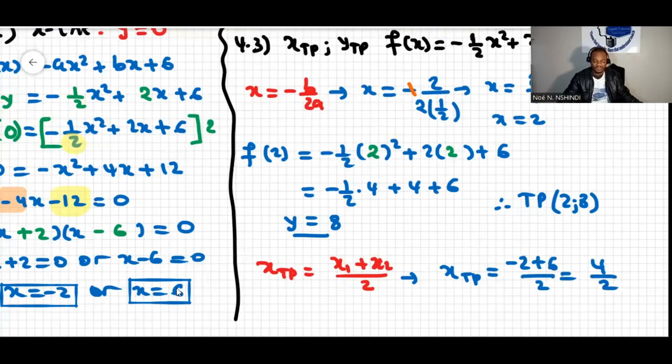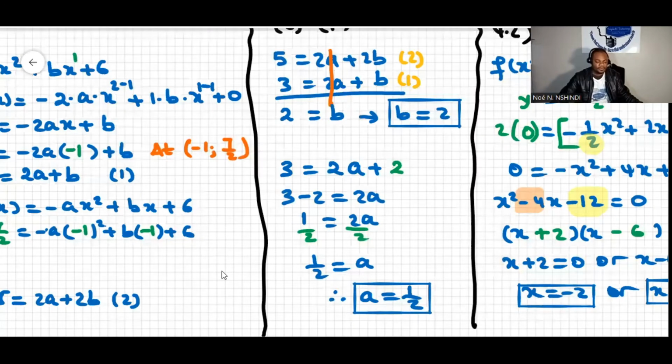That makes x-TP equal to 2. Now that we find x is equal to 2, we substitute its value 2 in the function here, and then we get y equal to 8. So the turning point is (2, 8). Next question must be question 4.4.